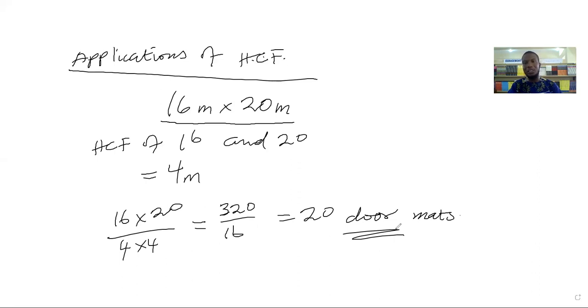That H.C.F is going to be the size of your doormat. Then you calculate the area of your canvas and the area of your doormat, and divide the area of the canvas by the area of the doormat to see how many doormats you can get from it without wasting any material at all.